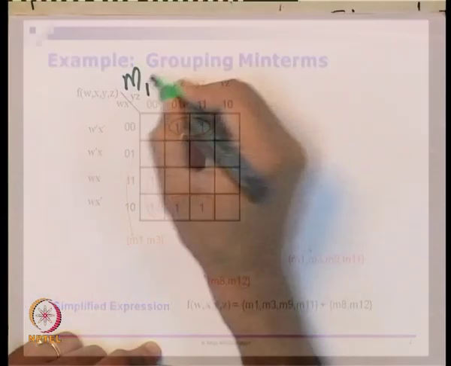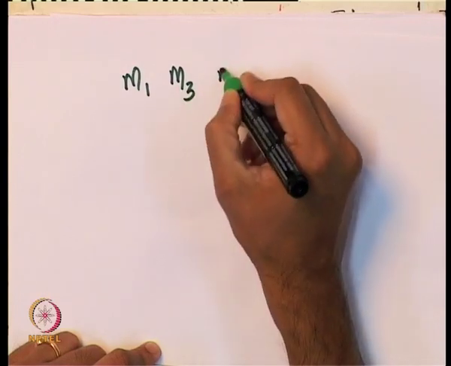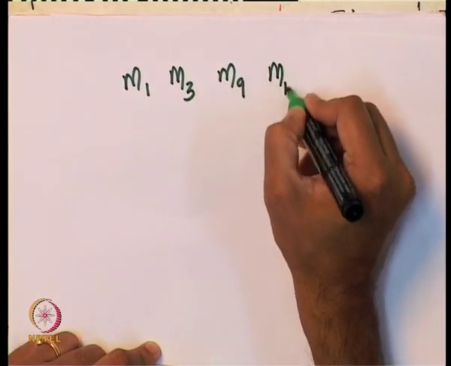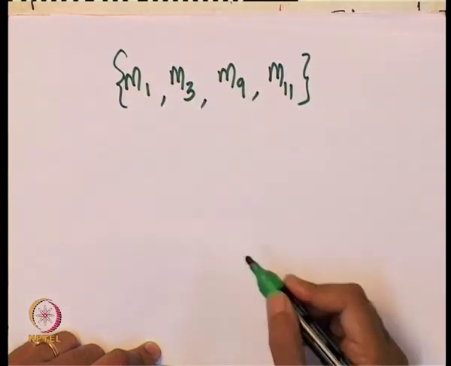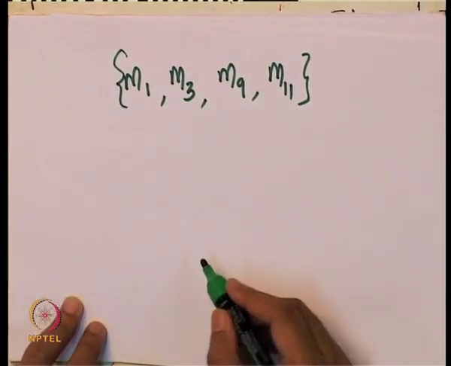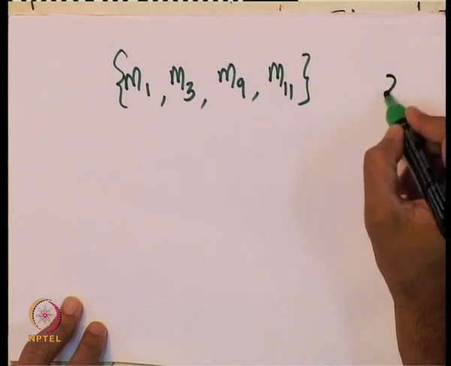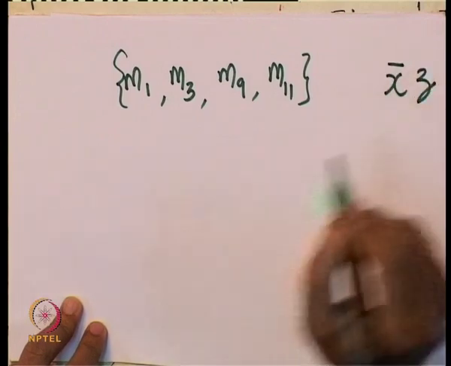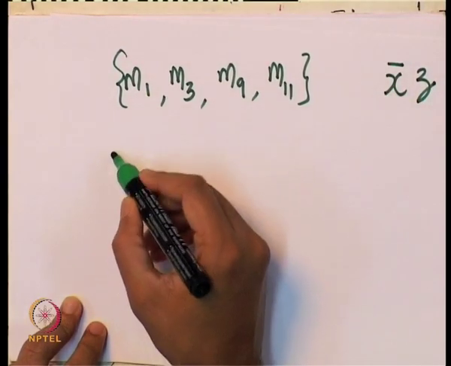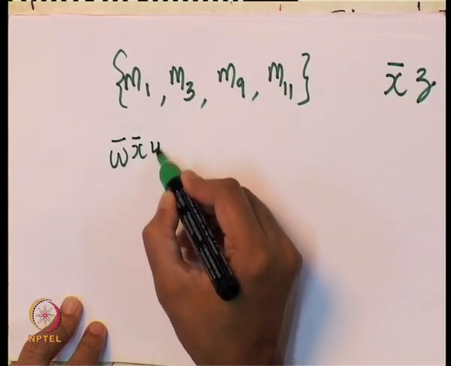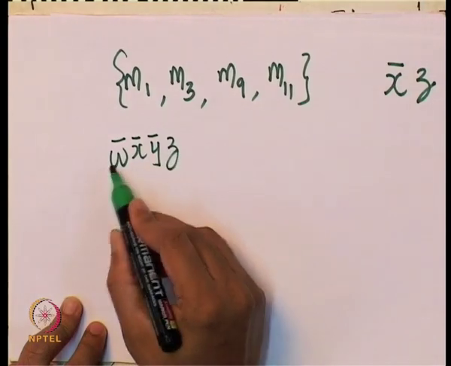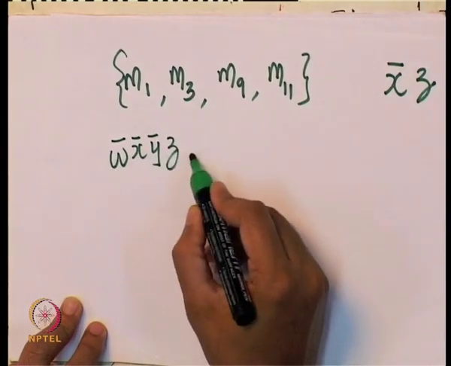Let us look at the term M1 M3 M9 M11. Right. So, I want to see how this gets simplified. I said that this simplifies to x bar z. Let us see why. M1 corresponds to w bar x bar y bar z, so you can see that it is 0 0 0 1.